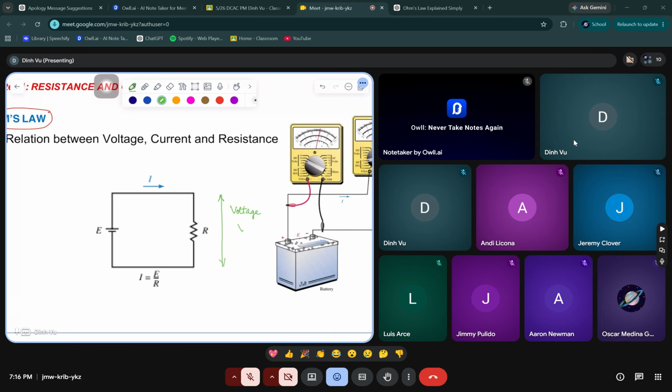The voltage V between the two terminals of the resistor is the same as E. So I repeat, when we apply a source voltage E on this resistor, the voltage V is the same as the source voltage E.